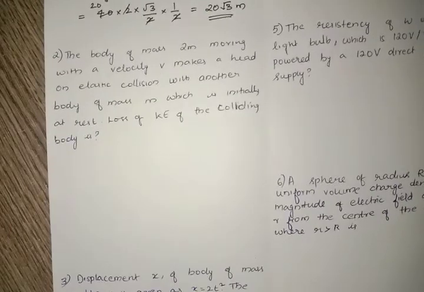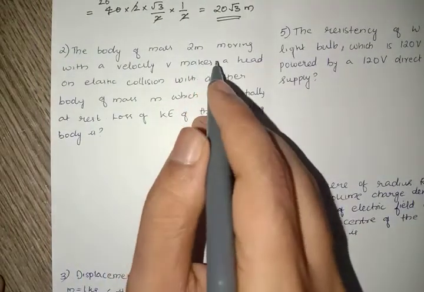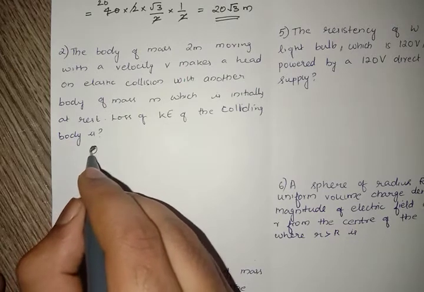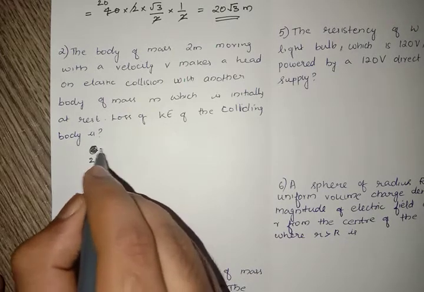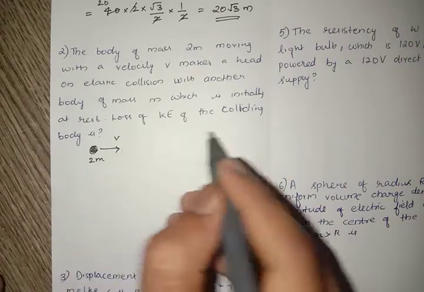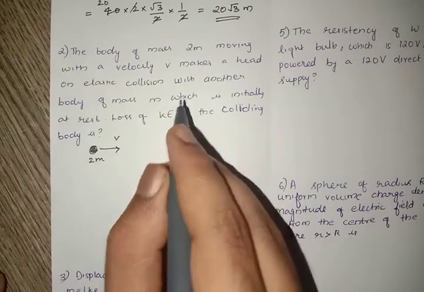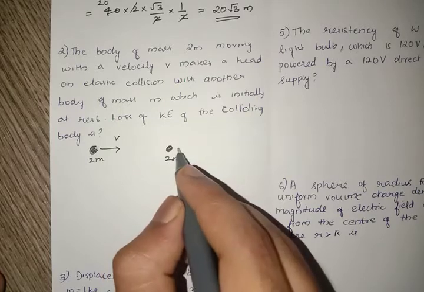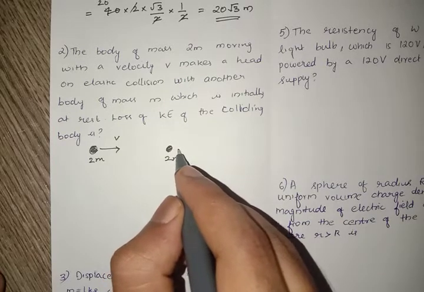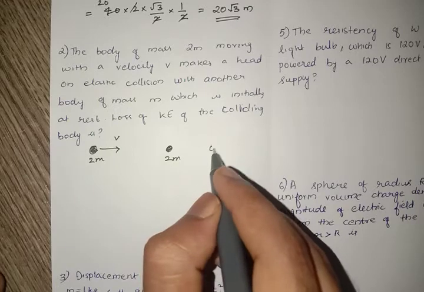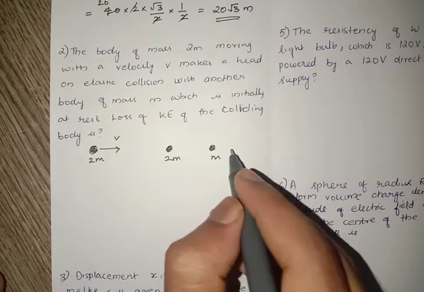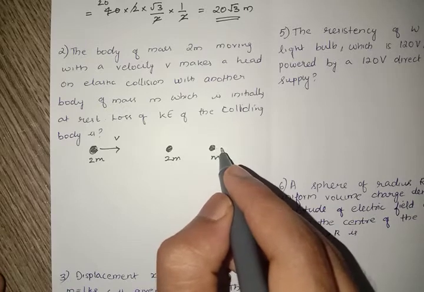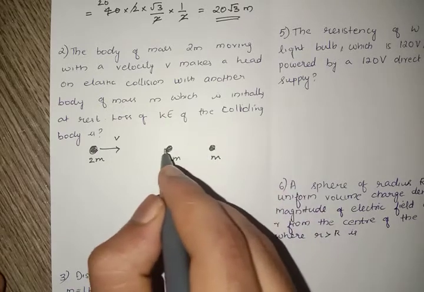A body of mass 2m is moving with a velocity v and makes a head-on collision with another particle of mass m, which is initially at rest.